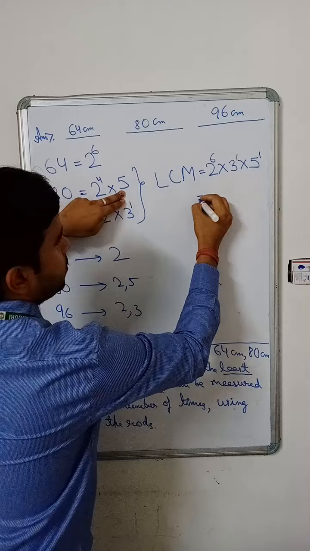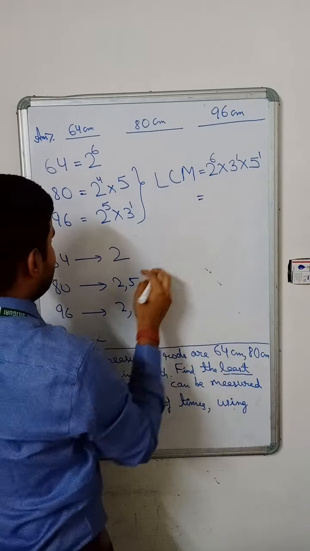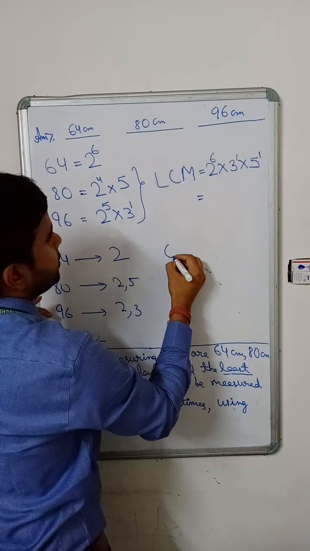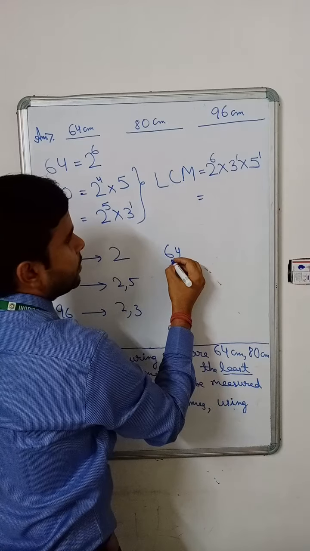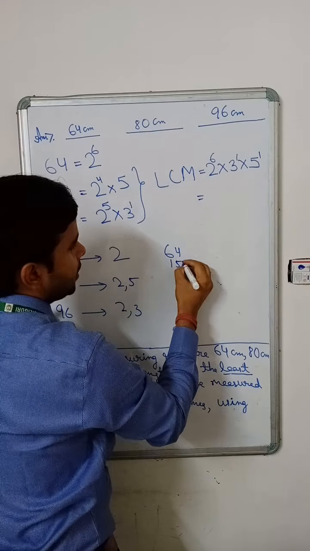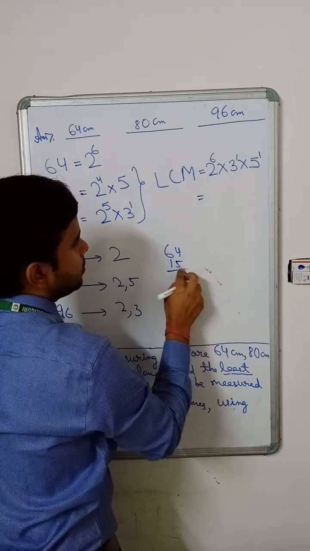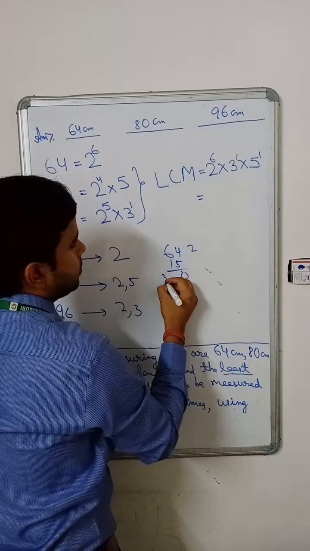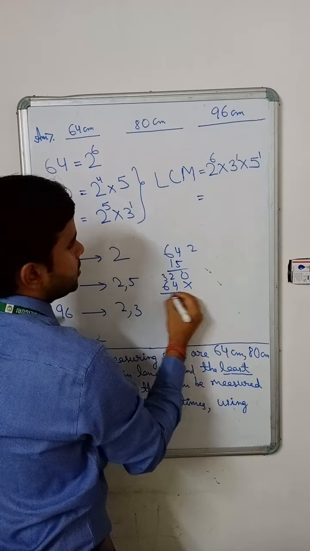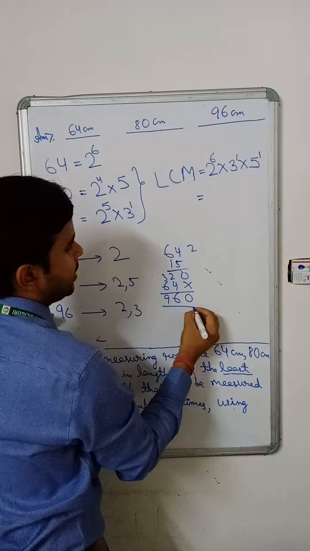We have 5 to the power 1. So we have 2 to the power 6, which is 64, times 3 5s are 15. Let us multiply. It's 960.